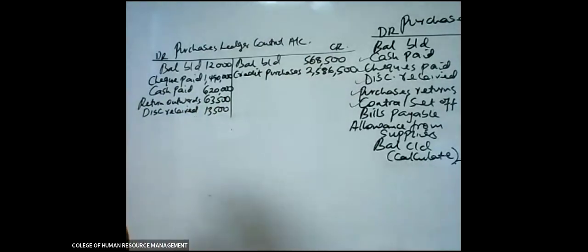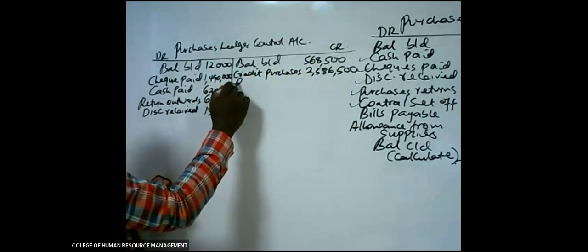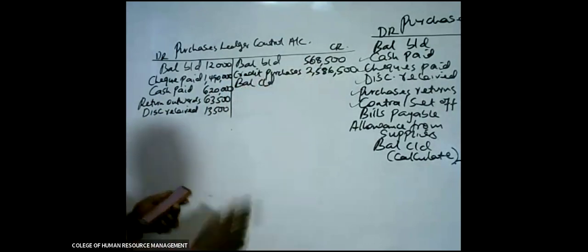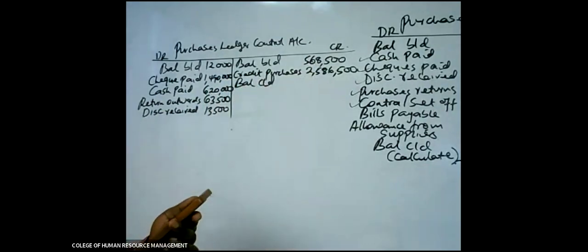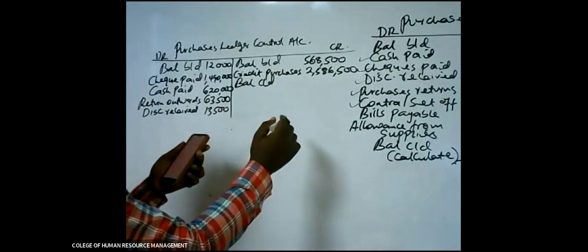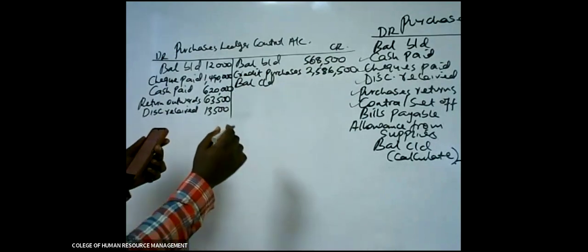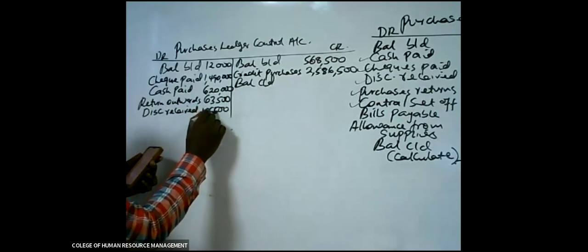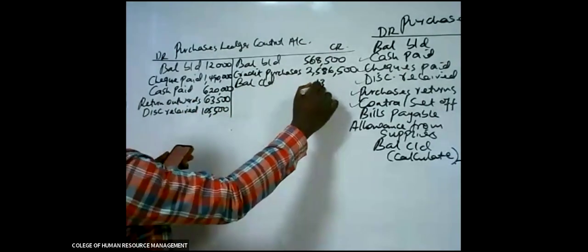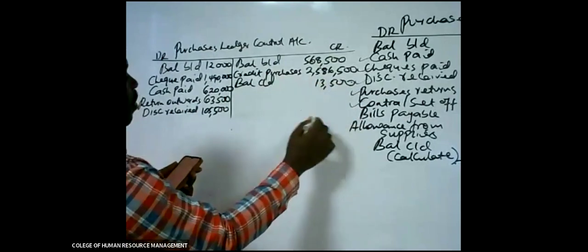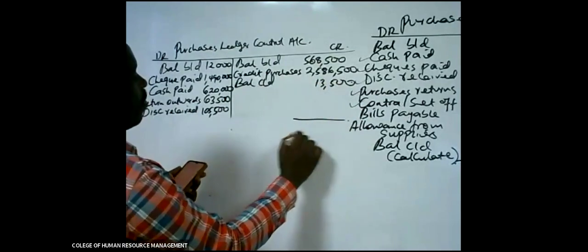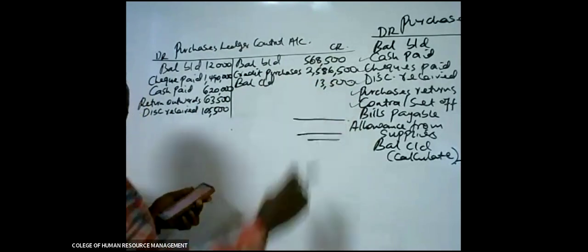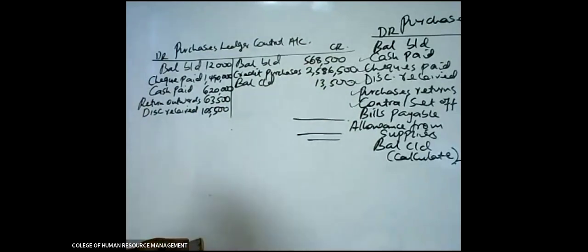Then the given balance for the purchases ledger control account comes here, and you capture it as a balance carried down because it is the balance at the end. So if you add, you find that this side will be more. The credit will be more. This is a liability account.